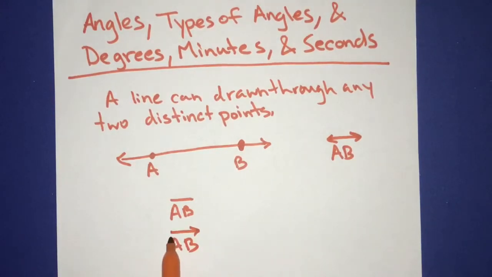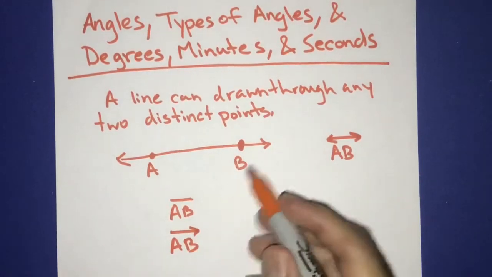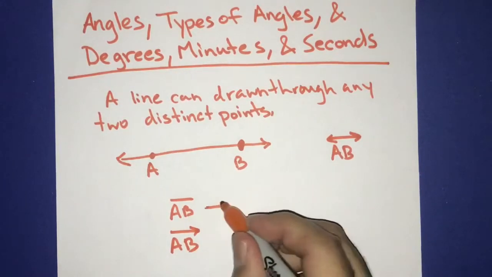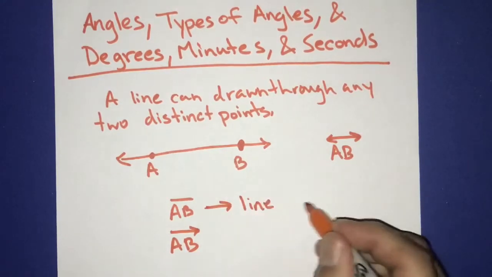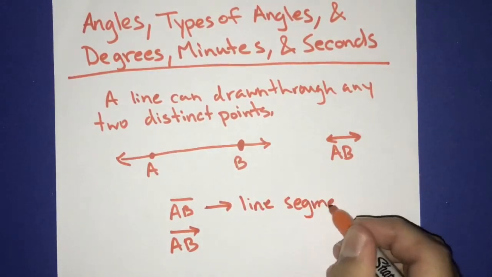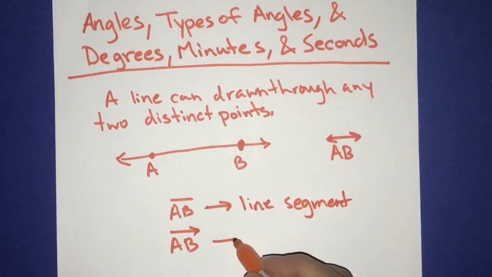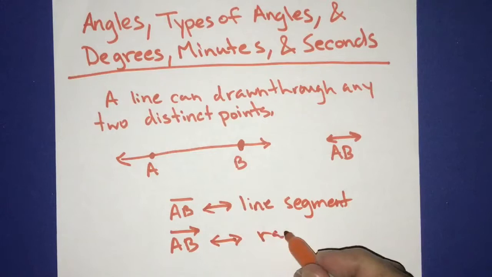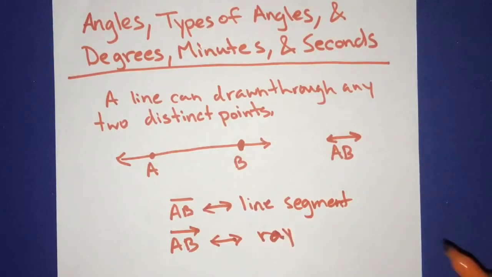Okay, so here this denotes that A is the endpoint and it goes off in the other direction forever. So that's why, as we said, this one was a line segment, and this we call a ray.